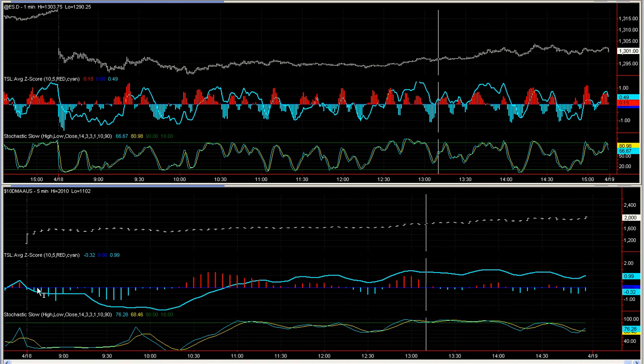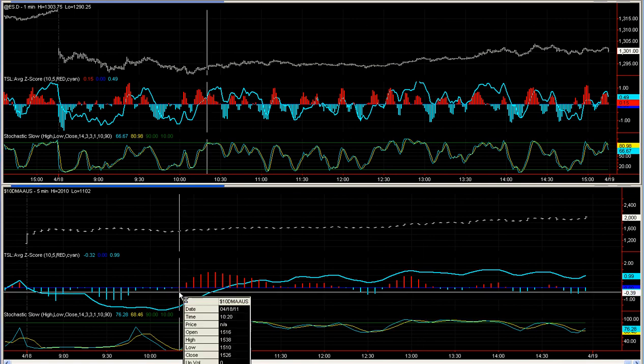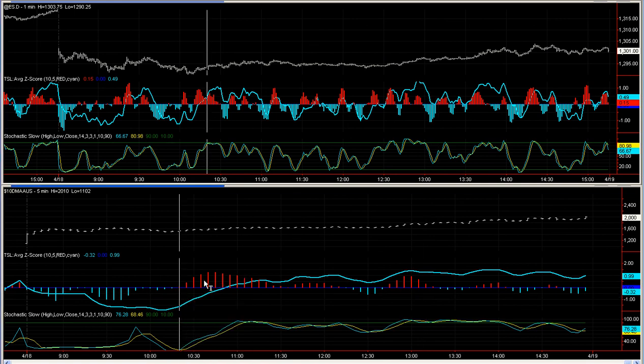If the histogram is below 0, we're only taking short trades. But again, we're never taking a short when the slope of the z-score is positive. If we're above the 0 line, then we're only taking long trades, but never at a time when the slope of z-score is negative.